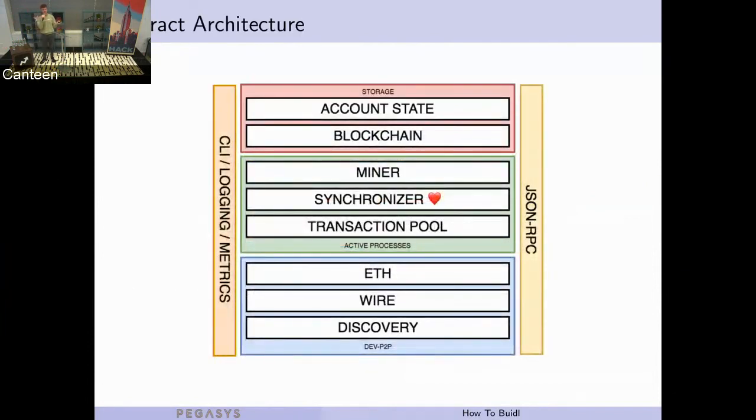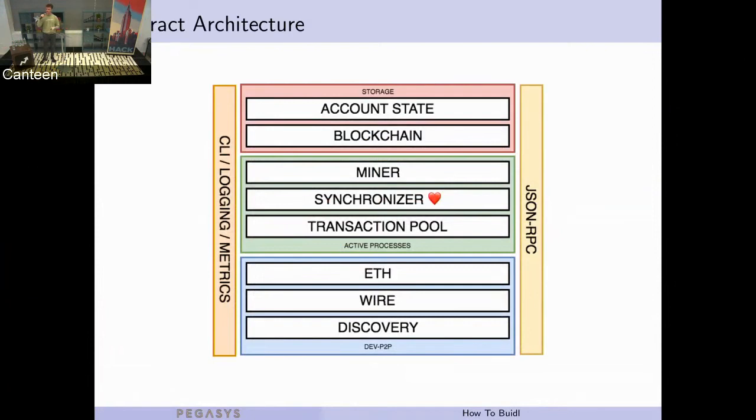So this, as I was saying, we had some discussions about how best to represent this client as a document, or like a UML document. And so this is an alternative. I put the little heart emoji there because the synchronizer, as I was saying, is really the heart of the machine in my mind. Then we had the JSON RPC on the one side, because this is the interface to users, to dApp developers. And then we had the CLI, the logging, and the metrics on the other side, because this is the interface to operators.